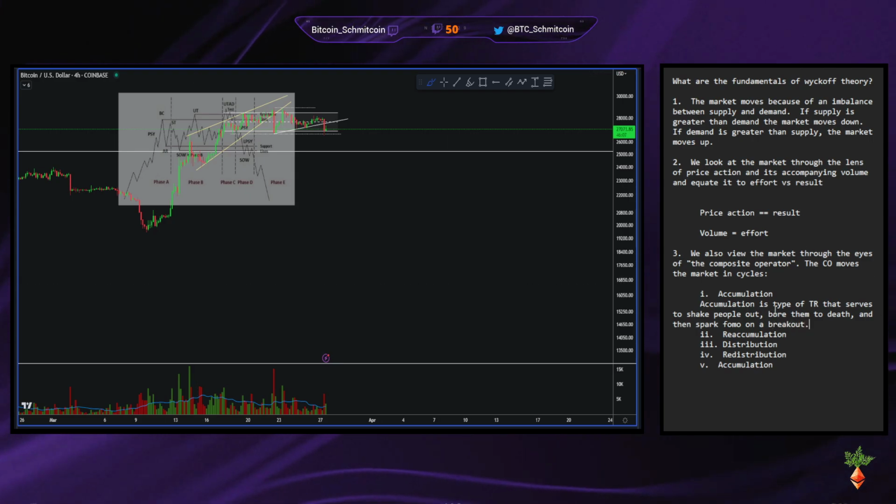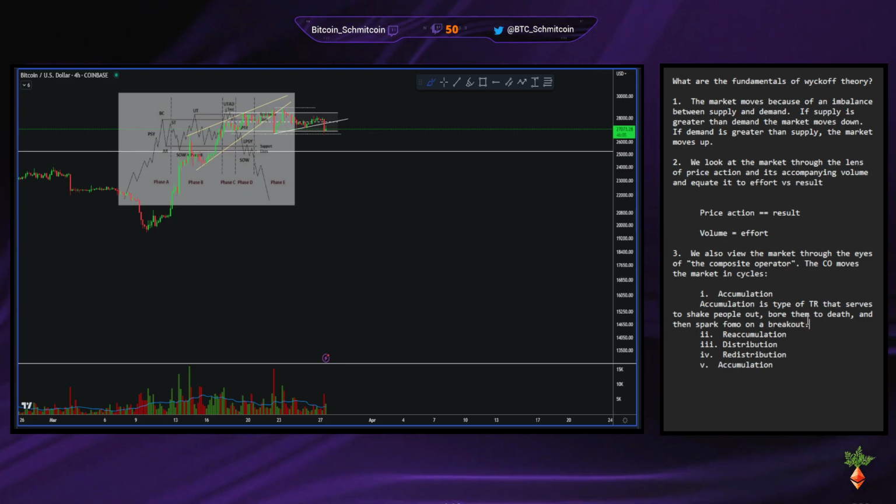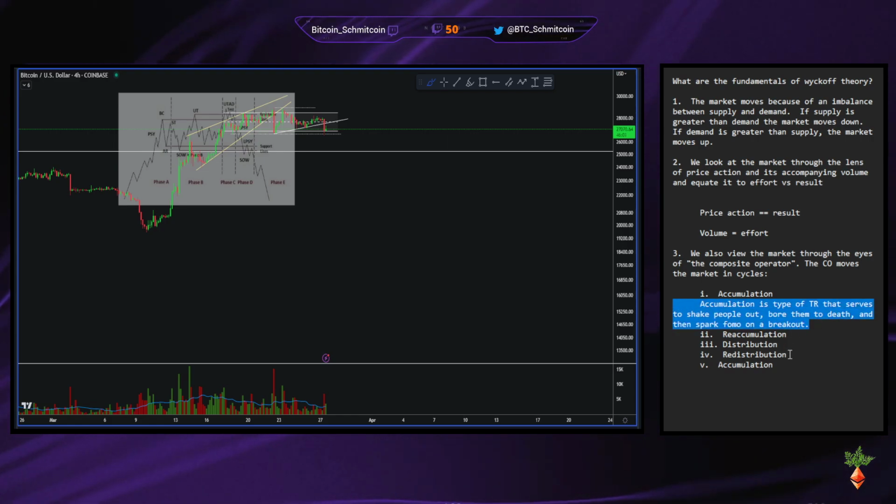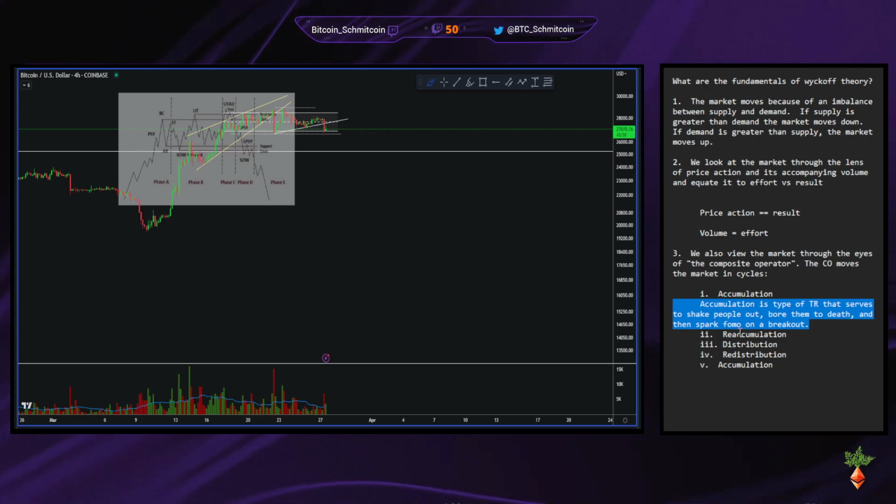That's why accumulation is the opposite of distribution. If volatility increases in distribution, we would expect volatility to decrease in accumulation.